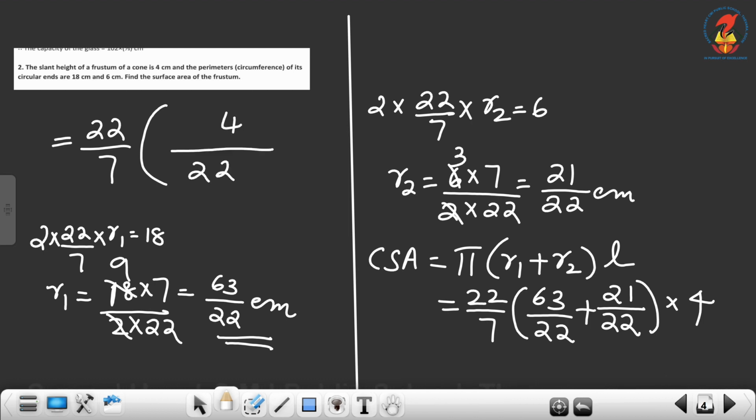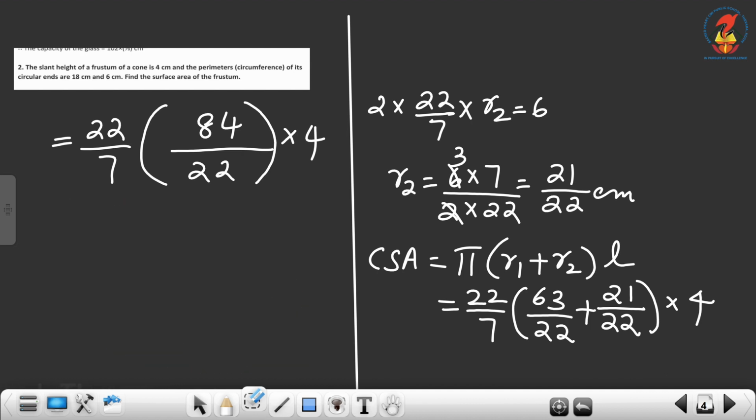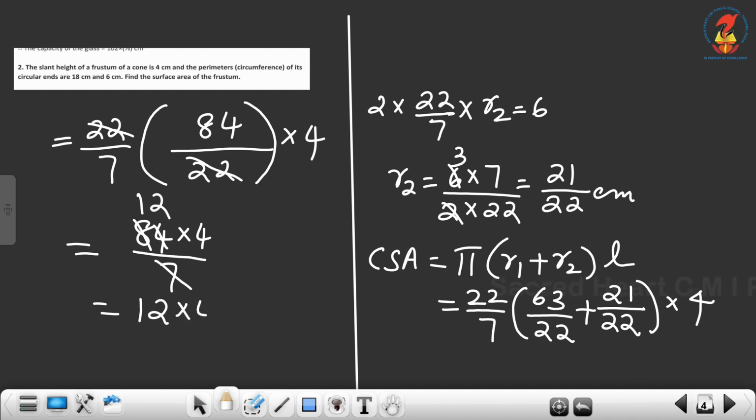So we can add this, 84 into 4. So we can cancel 22. So we are getting 84 into 4 divided by 7. We can cancel 1, 2. So it is 12 into 4, it is 48 centimeter square.